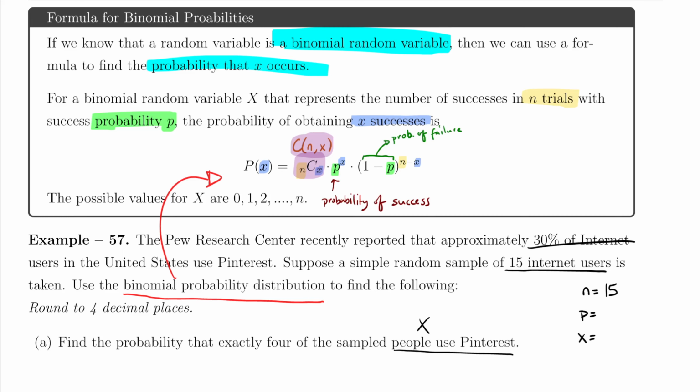So my probability, 30%, translates to 30 out of 100, which is 0.3. Remember, percent is part out of whole, so 30 out of 100, that's how we get our decimal 0.3. Now, in this particular part A, we're asked to find the probability that x is equal to 4. 4 of the 15 use Pinterest.